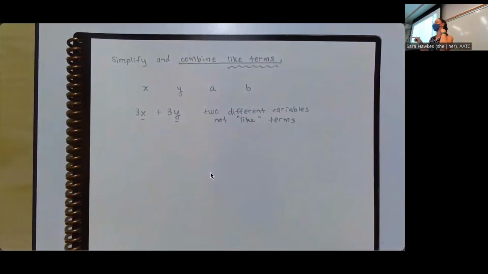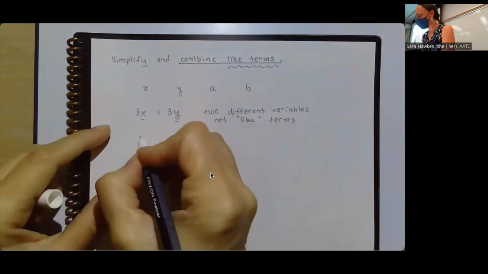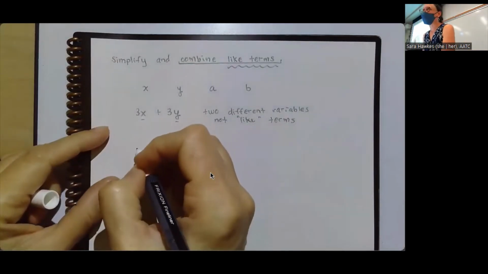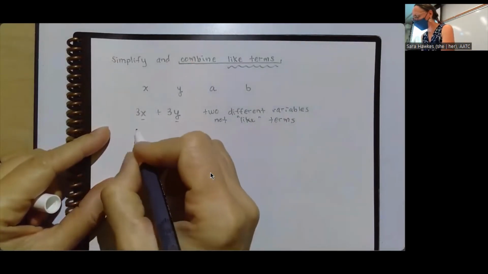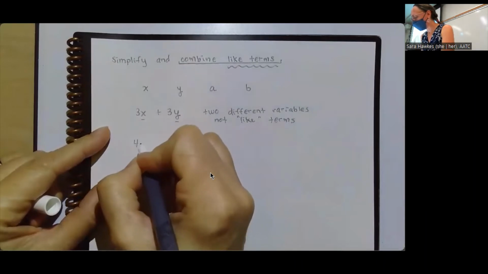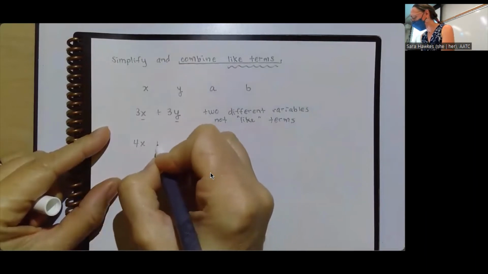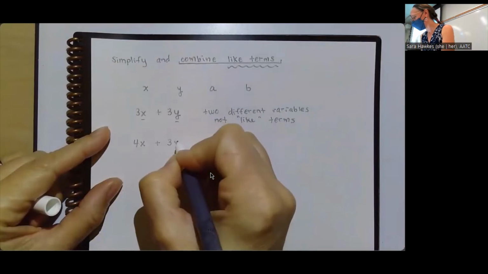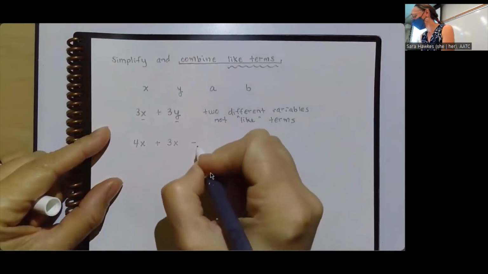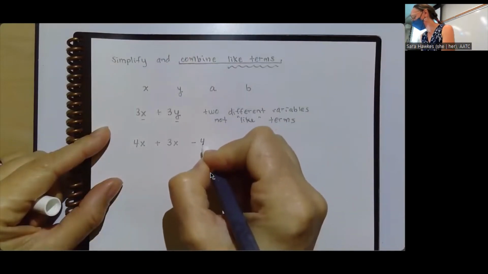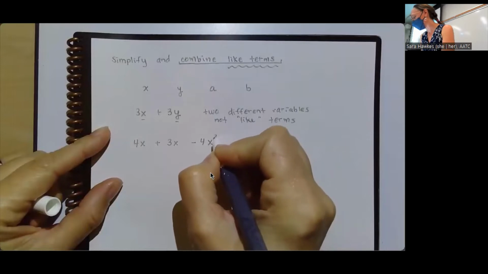I think where things tend to get a little bit more muddled, or where I see more mistakes with this, is if I had something like, let's say, 4x plus 3x minus 4x squared.